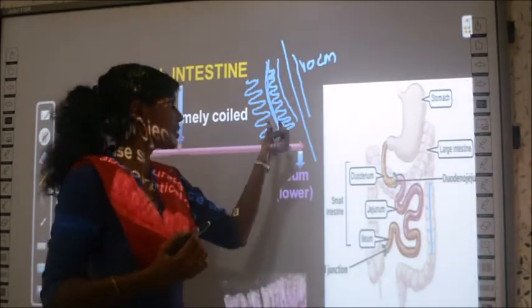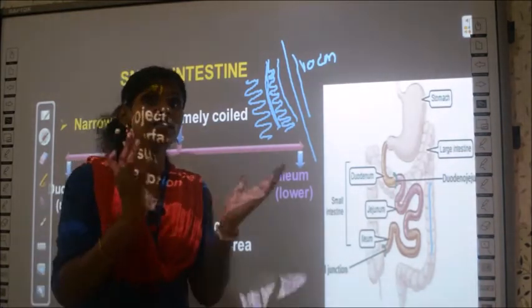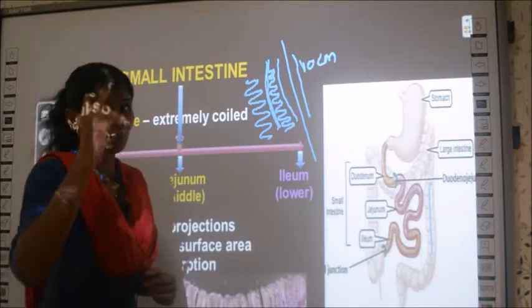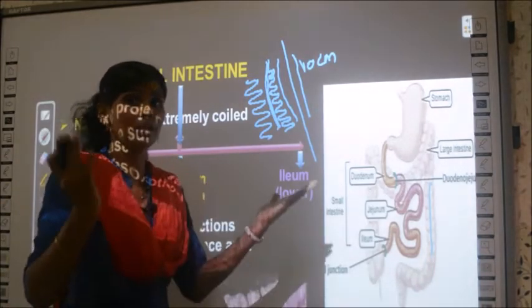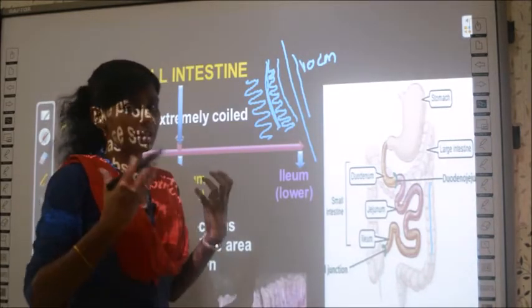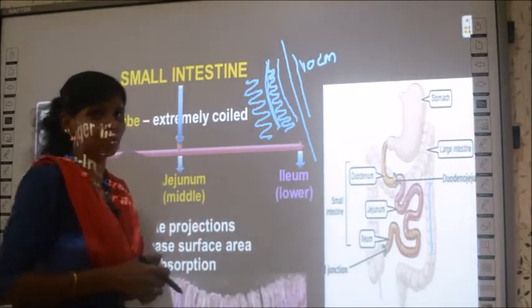That's why the presence of villi gives the walls of the intestine a larger surface area. So when you have a wavy nature, the area becomes greater so that there is more absorption of food. The intestine can absorb more food when you have these finger-like projections.